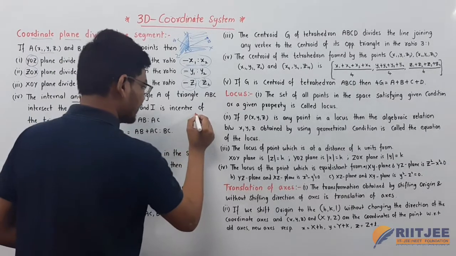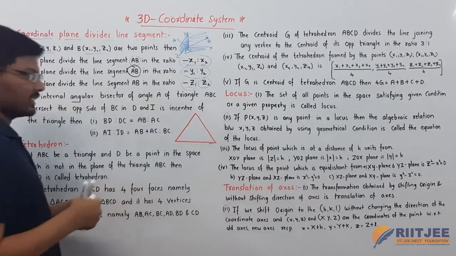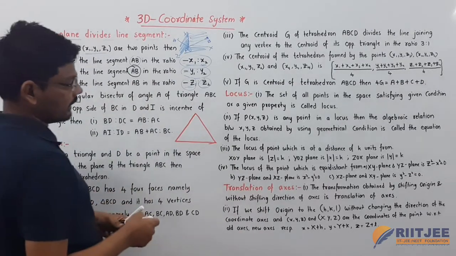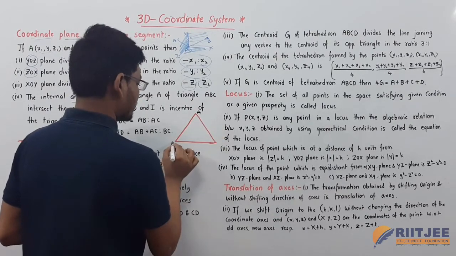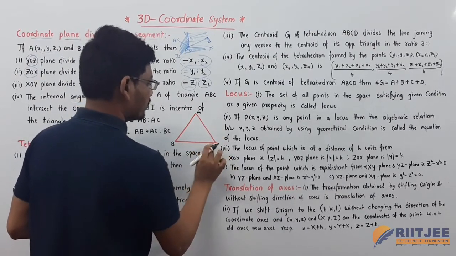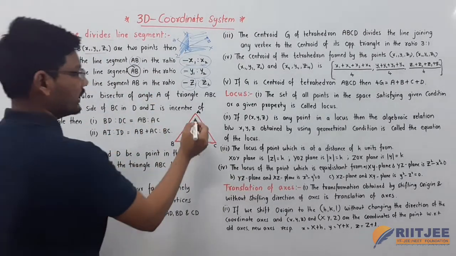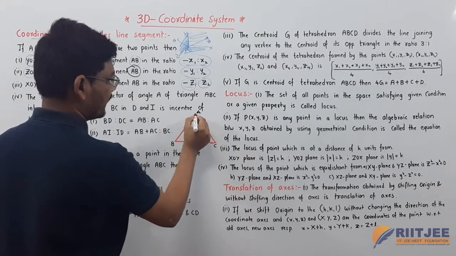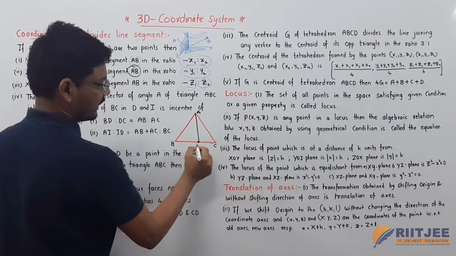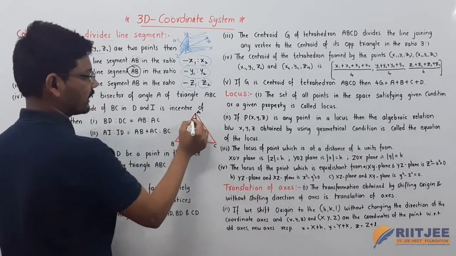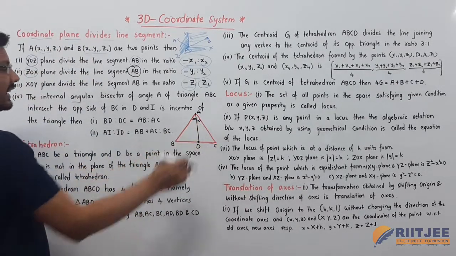Here this is the triangle ABC I am taking, having vertices A, B and C. The angular bisector of A divides the opposite side at D. This angle is equal to this angle, so both the angles are equal.